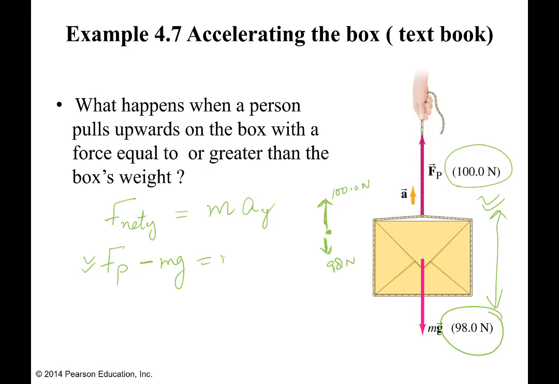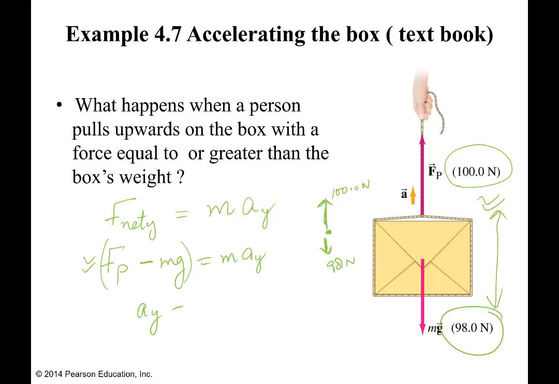The net force is equivalent to m times ay, the acceleration. We can find the net force here. We know that the net force is 2 newtons because you're subtracting, but I would like to find out ay first. What is the acceleration with which it is pulled?